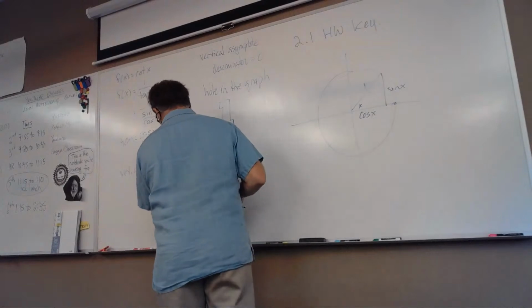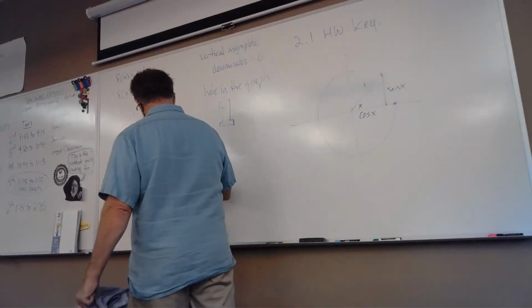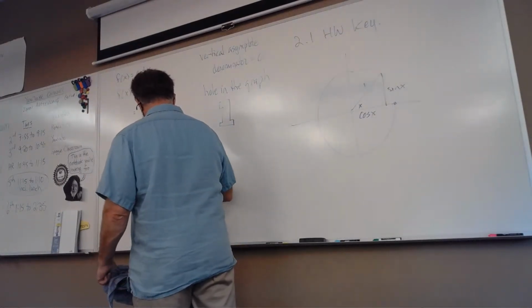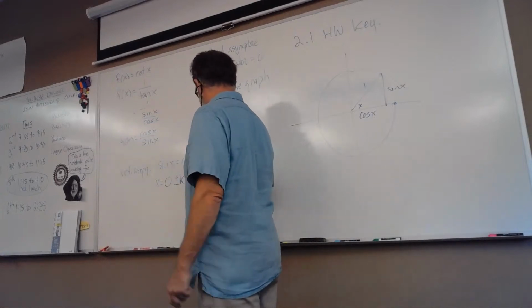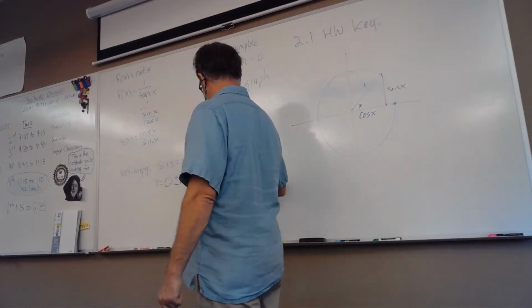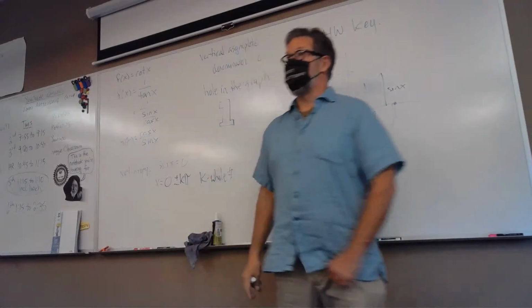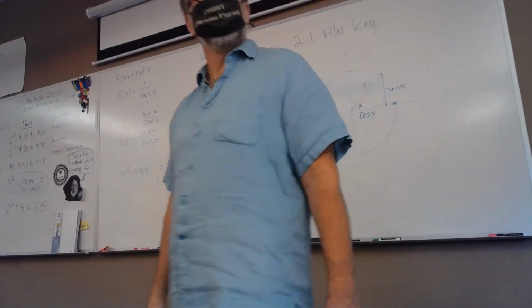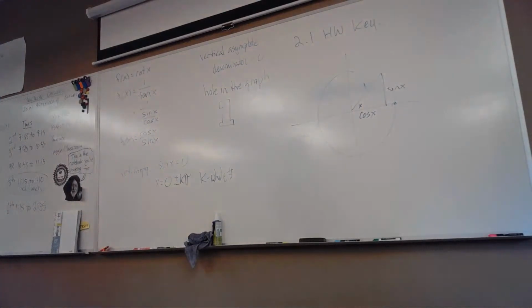We can just say pi plus or minus k pi, where k is an integer or a whole number. So 1 pi, 2 pi, 3 pi, 4 pi, 5 pi, sine will always be equal to 0. Every half a circle, sine is equal to 0. Going backwards, negative pi, negative 2 pi, negative 3 pi, negative 4 pi, sine will be equal to 0. You get a vertical asymptote at every single one of those places.